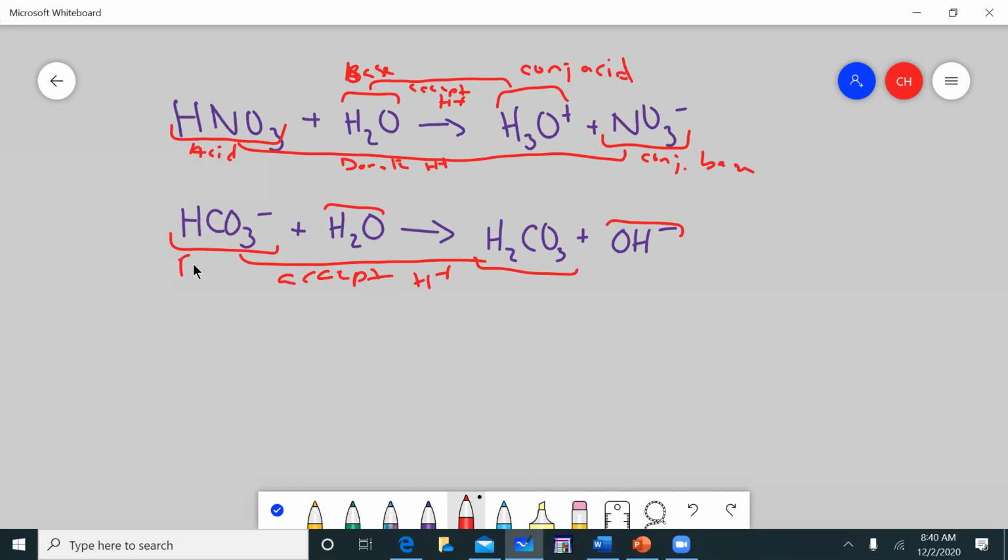That makes this a base. If this is a base, this has to be an acid. If this is a base, this has to be its conjugate acid. If this is the acid, this has to be the conjugate base. Okay. So here, water is acting as a base. Here, water is acting as an acid. Any questions on that?